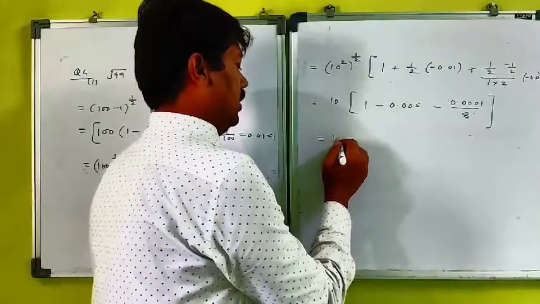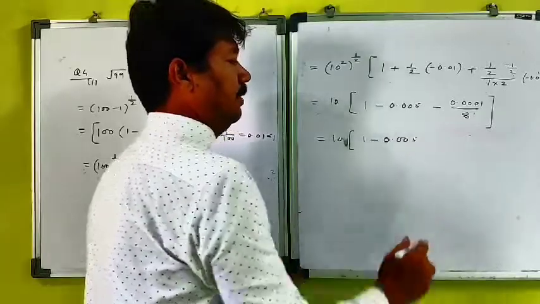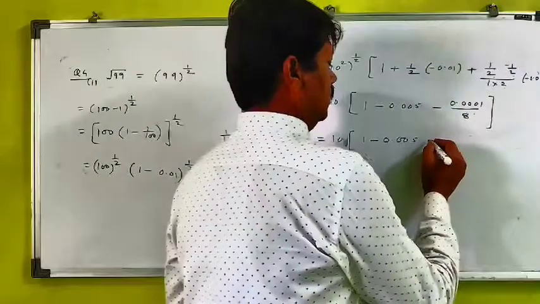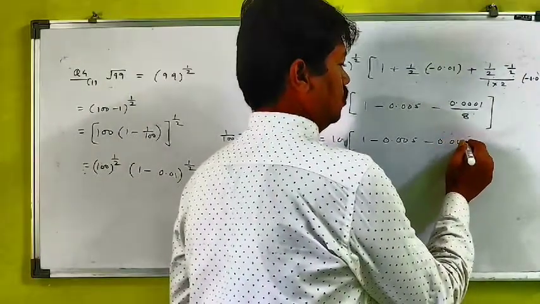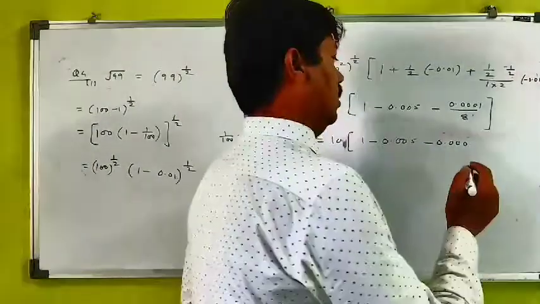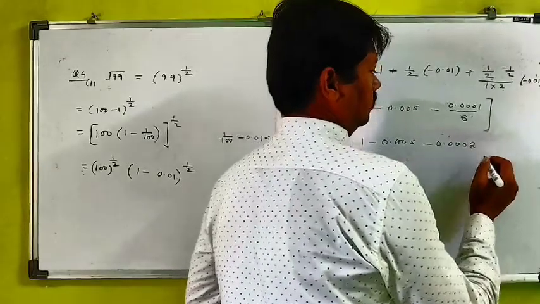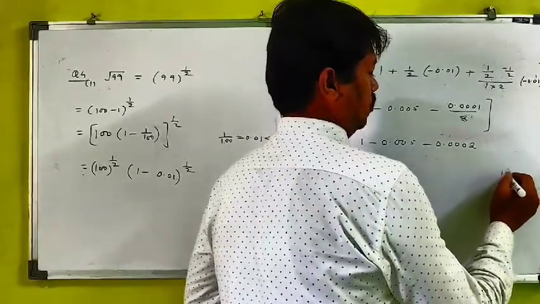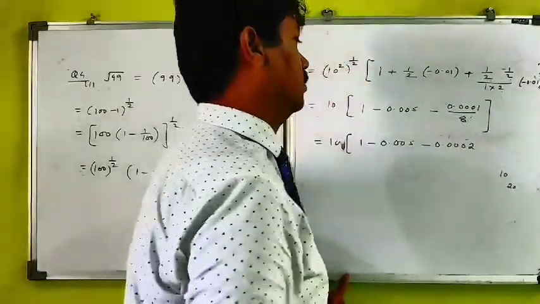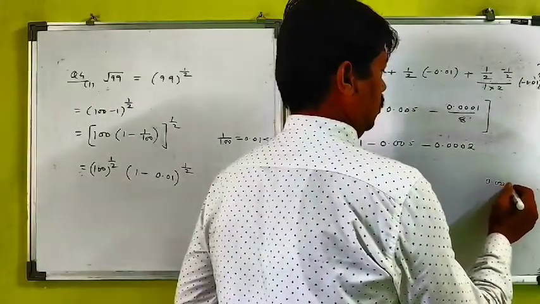So it is 10 into 1 minus 0.005 minus 0.0001 upon 8, which is 0.000125, and so on. 8 2s are 16, then with 0 will come 10, so 2s are 10, 2 20 remain. 0.0001.